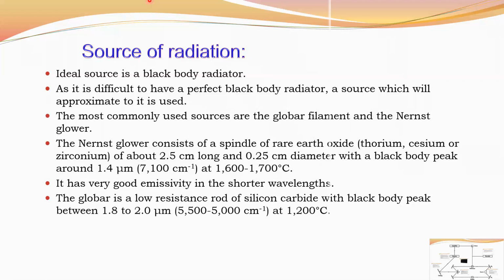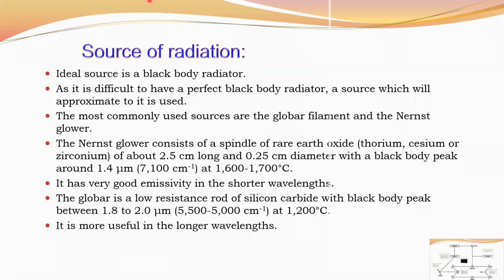The Globar filament is a low resistance rod of silicon carbide with a black body peak between 1.8 to 2 micrometer. It has larger wavelength when compared with the Nernst Glower. So this is used in the longer wavelength.